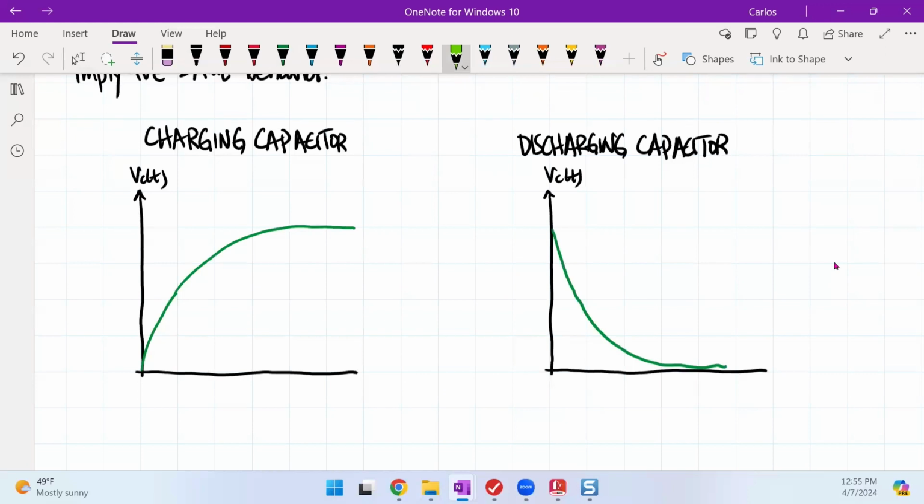In each of these situations, this curve represents charging of the capacitor. That means that the capacitor voltage is increasing over time, not linearly. And here we're seeing the discharging of the capacitor.